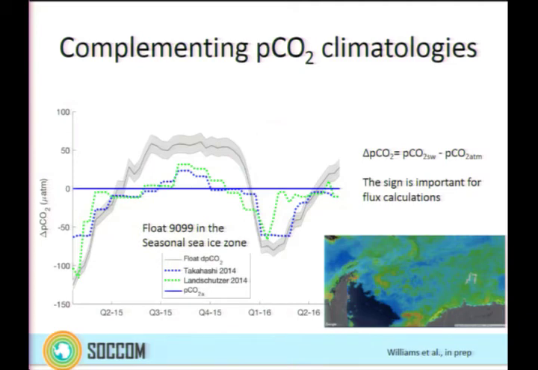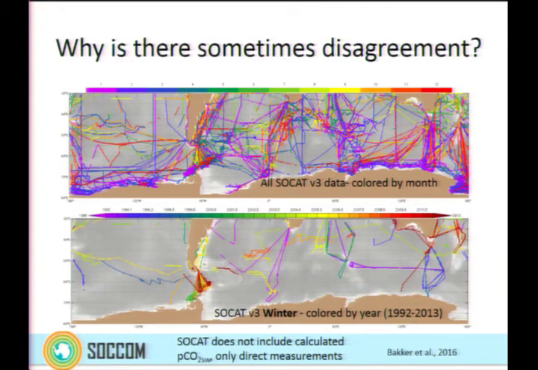However, for this float, which is float 9099 down here in the seasonal sea ice zone, we're seeing some pretty big differences, and that is especially in the winter. And why might that be? Well, I'm showing here all the SOCAT data from the database in the Southern Ocean for all time.